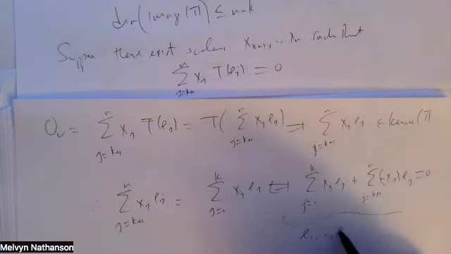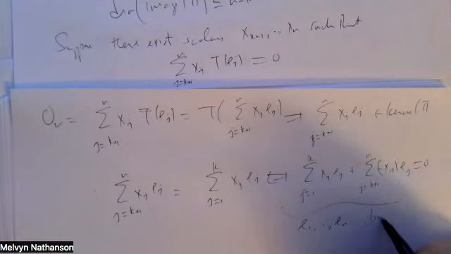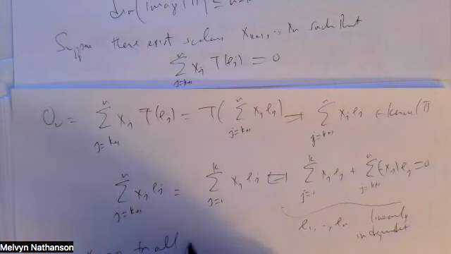But E1 up to En is a linearly independent set. Those vectors are linearly independent. So all the coefficients have to be 0. So xj equals 0 for all j from 1 up to n. So in particular, from k plus 1 up to n.